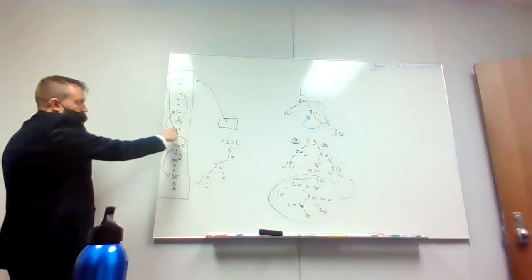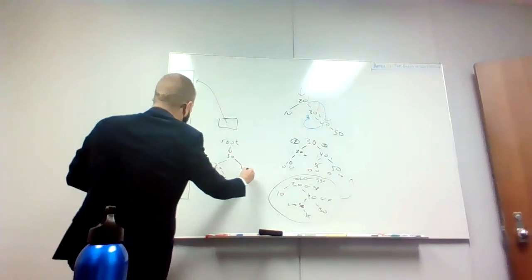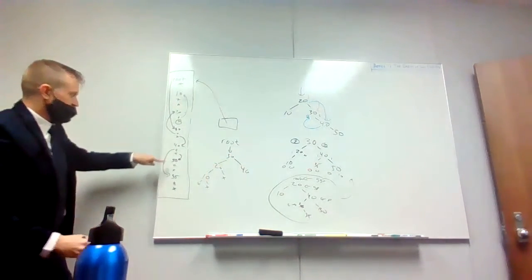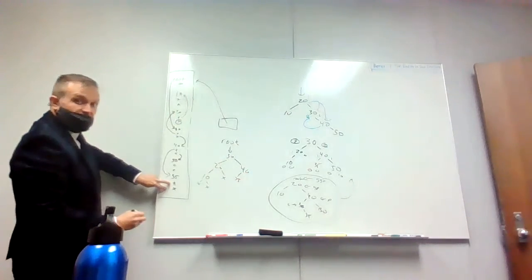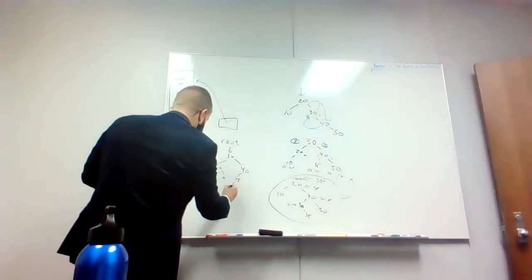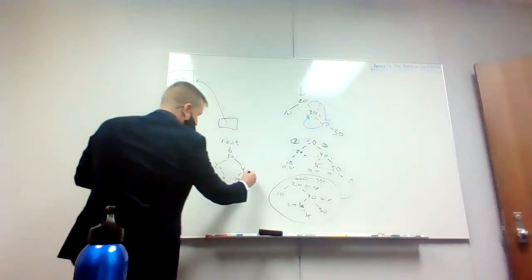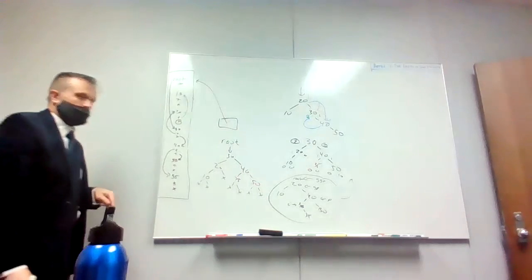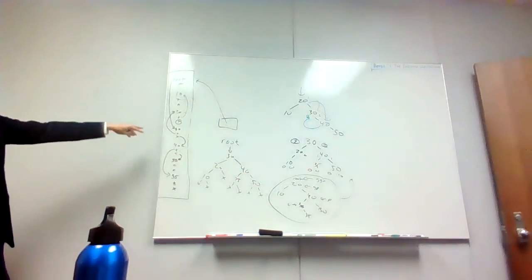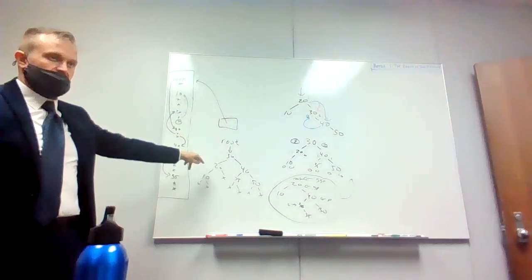Now by 30, we go right. We see that 30's right child points to 40. 40's left child points to 35. Both of 35's children are null. And then 40's right child points to 50. And both of 50's children are null. So now we see we've constructed the tree properly.